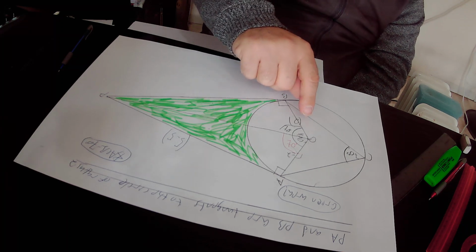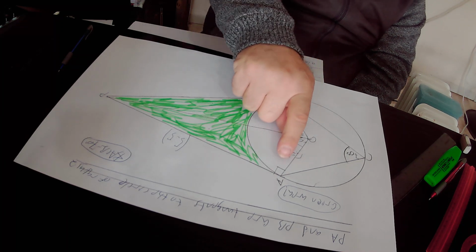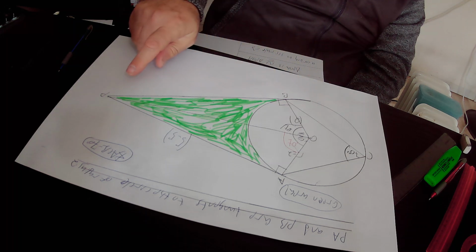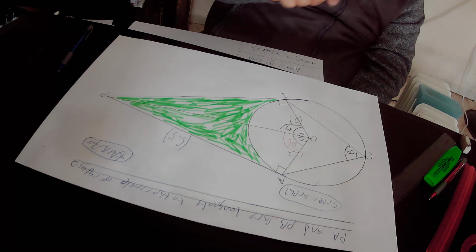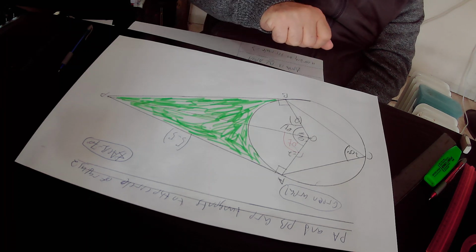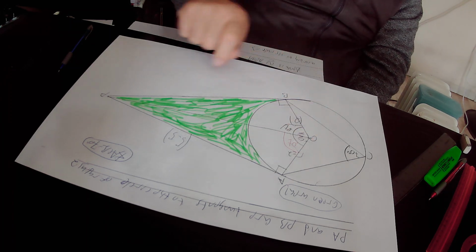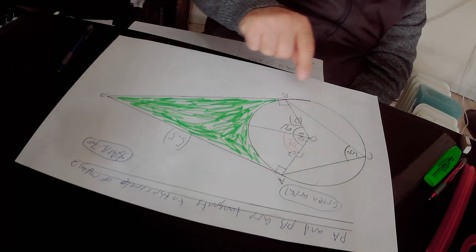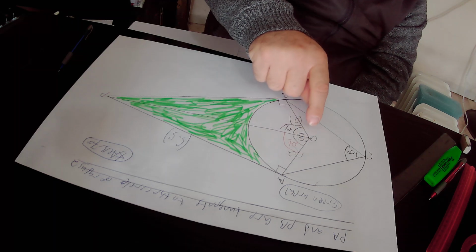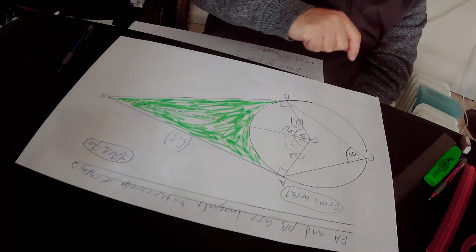We have the radius OA that is drawn to point A, that is the point of tangency of tangent PA with this circle. And whenever you have a radius that is drawn to the point of tangency, then tangent PA will be perpendicular to the radius AO. If PA is perpendicular to AO, it means that this angle equals 90 degrees.